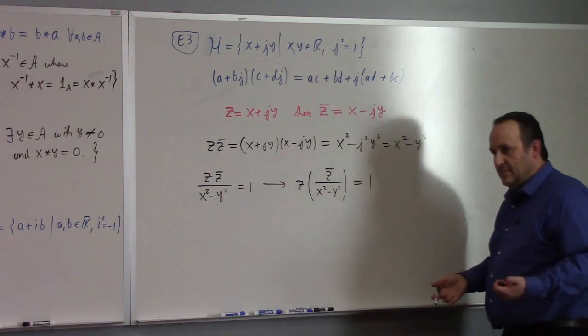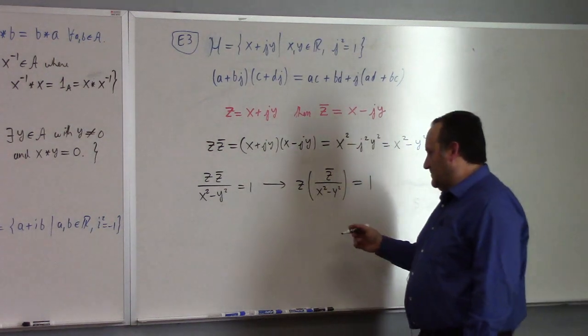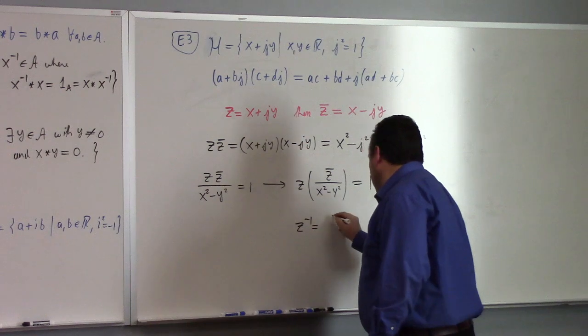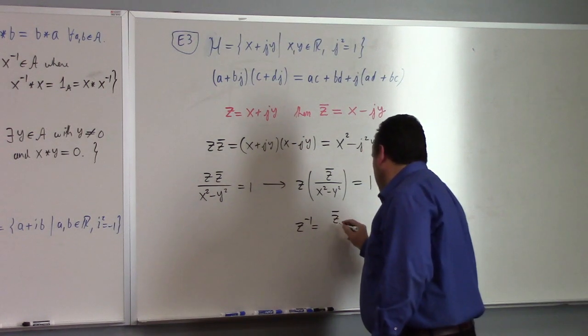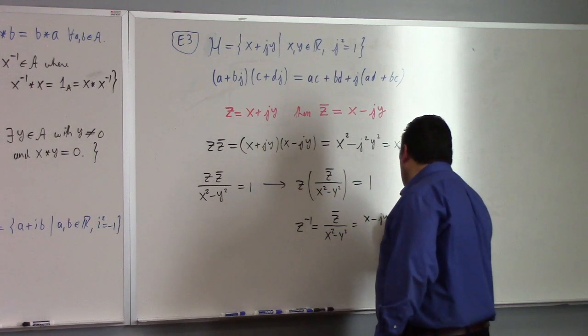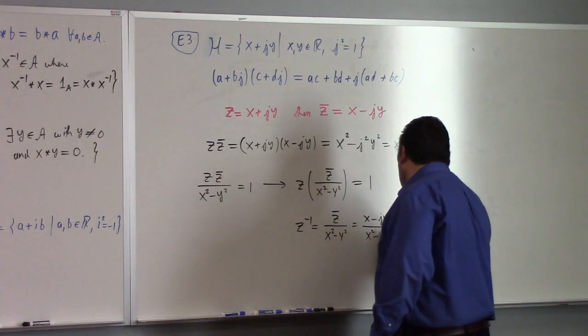What does this mean? Well, this means that apparently z inverse is actually equal to z bar over x squared minus y squared, which I will write out in a couple different ways. On the one hand, x minus jy over x squared minus y squared.